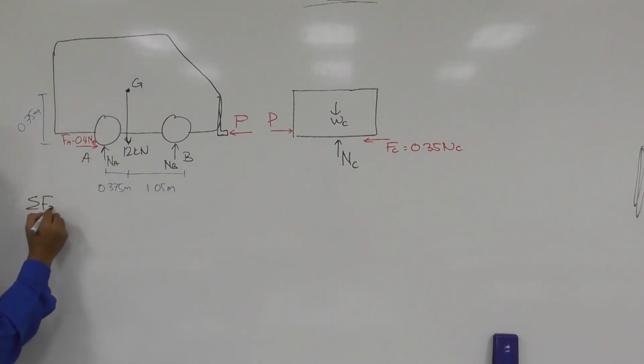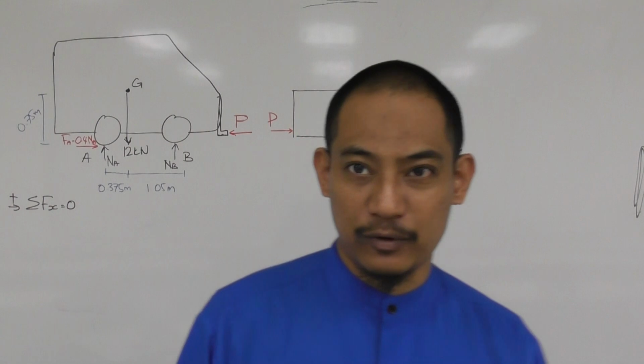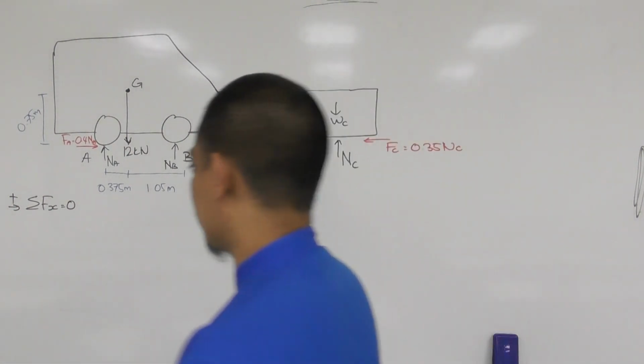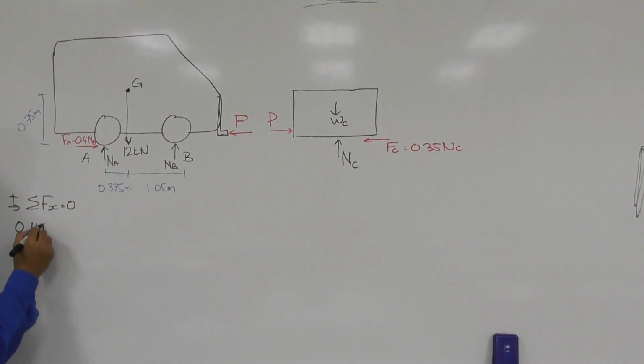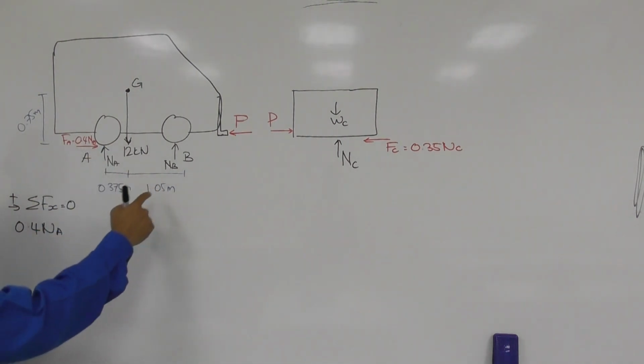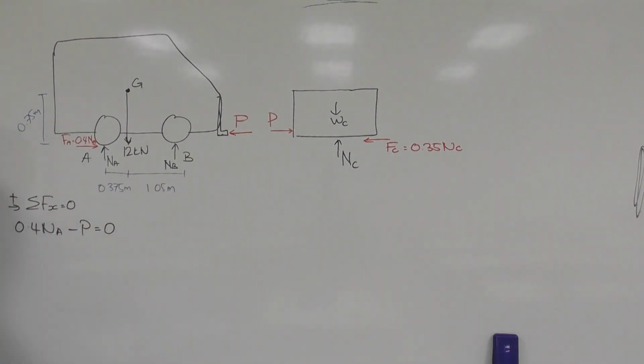If we do summation of Fx equal to 0, taking right as positive, we have 0.4 N A to the right, nothing here, minus P equals 0, right? So basically N A is P over 0.4, right? That's one.